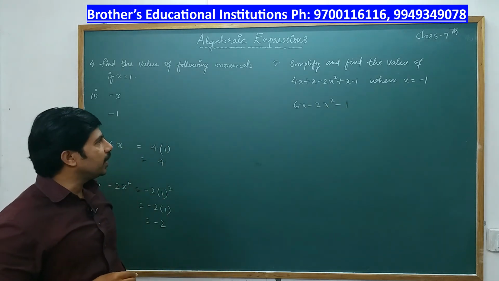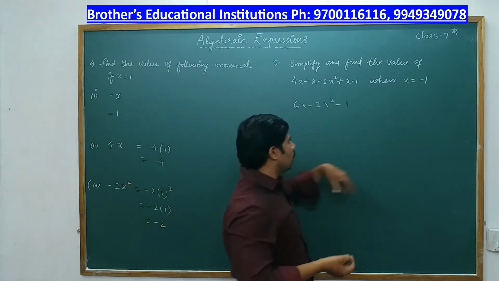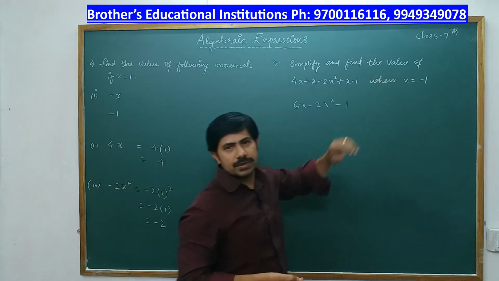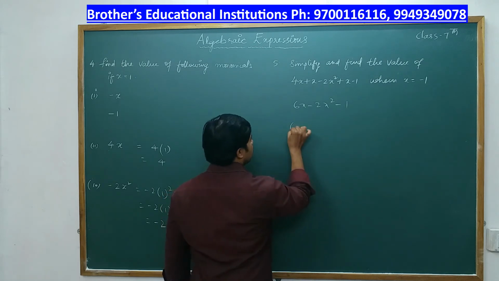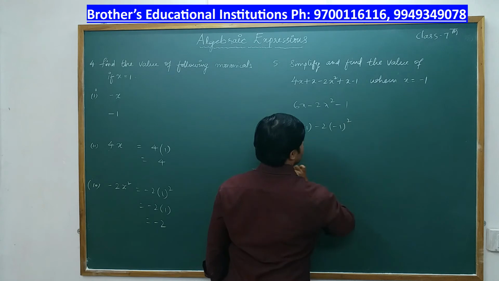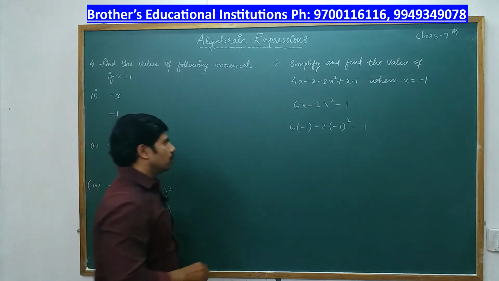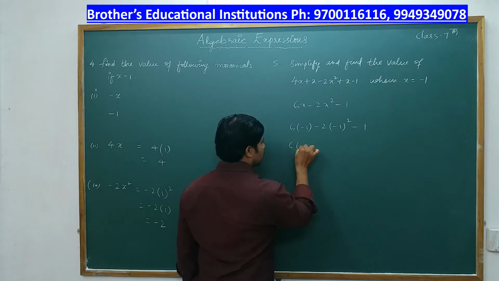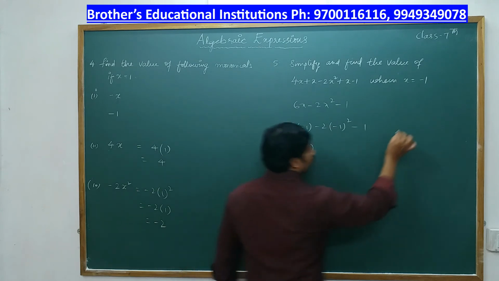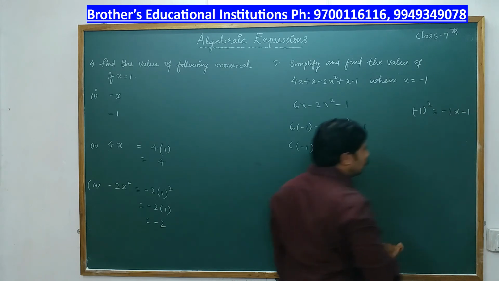Now we have to find out the value of this polynomial or trinomial when x is equal to minus 1. So we'll substitute minus 1. 6 into minus 1 minus 2 into minus 1 square and minus 1. So first 6 into minus 1 I'll write as it is. What is minus 1 square? Minus 1 square is minus 1 into minus 1.